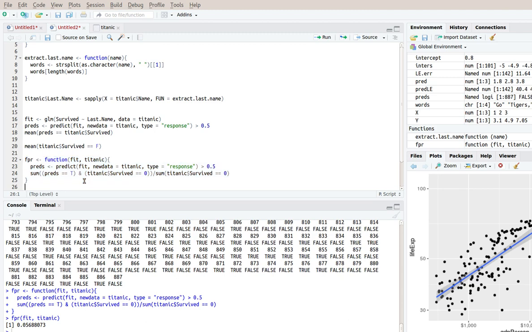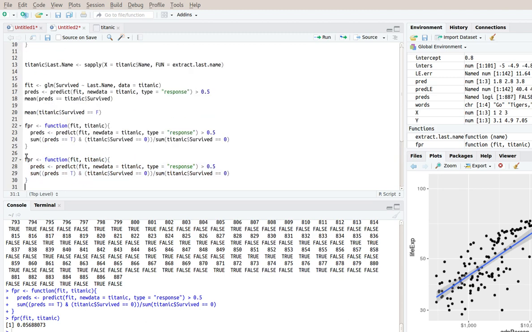Similarly, we can do the FNR. False negatives are kind of the flip side of false positives. So the prediction is false, but they actually survived, out of all the people who survived.